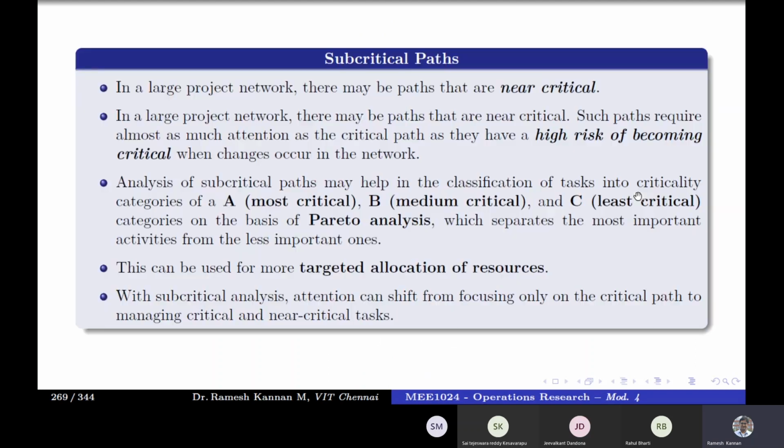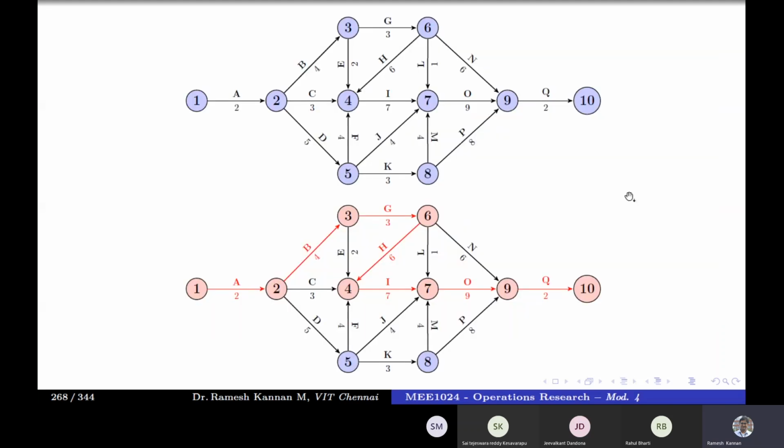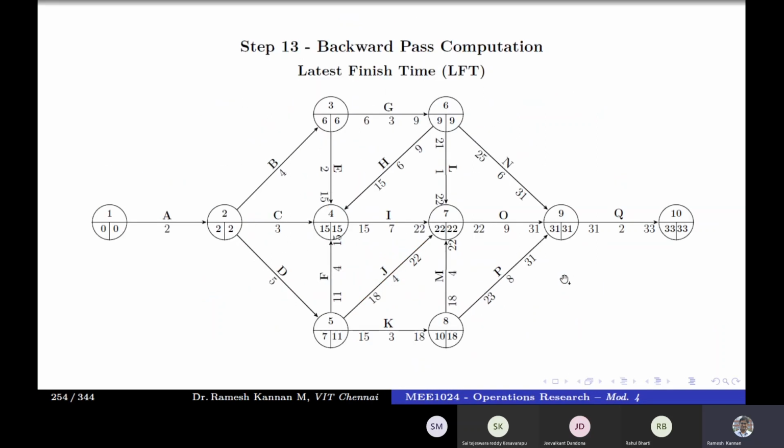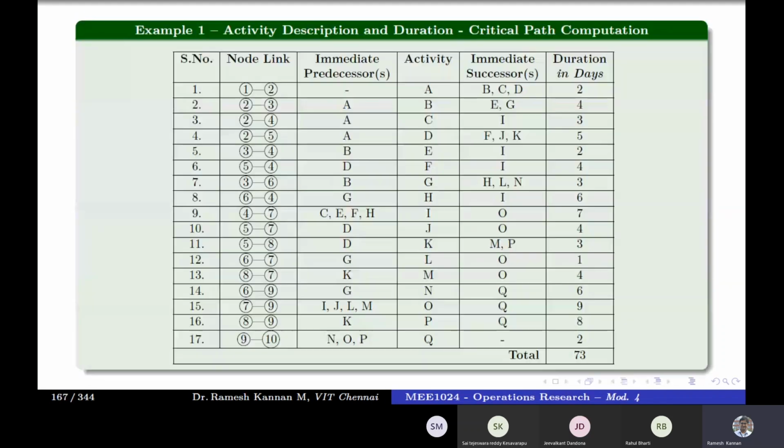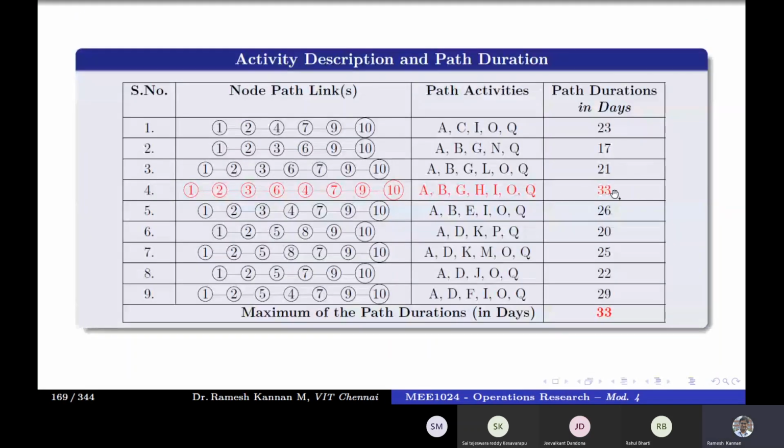One important thing not many people pay attention to is the subcritical path. The critical path is the path having the maximum duration. Say in this case the critical path is 33, and the next one is around 29, a big difference of 4 days.